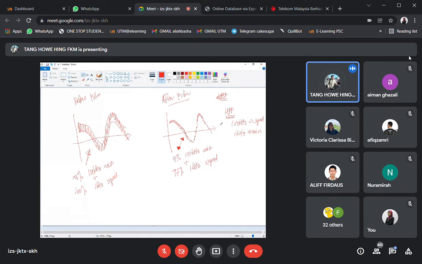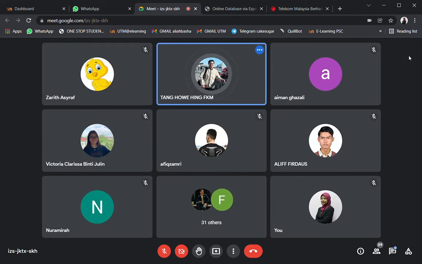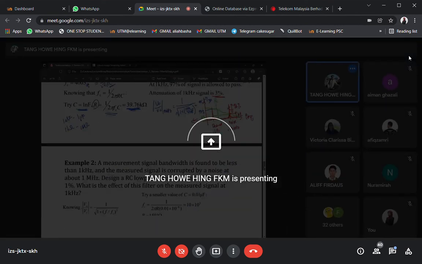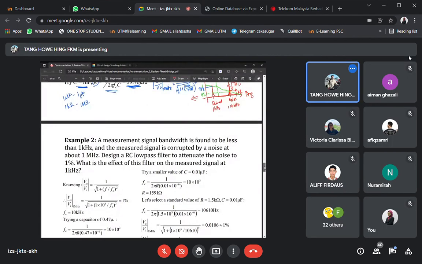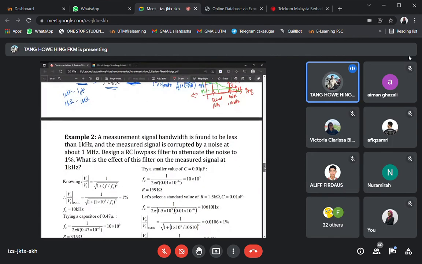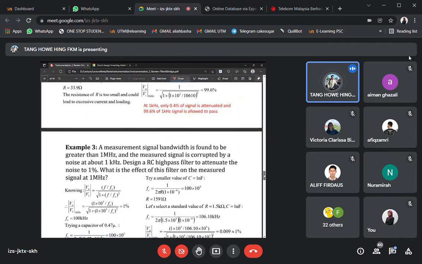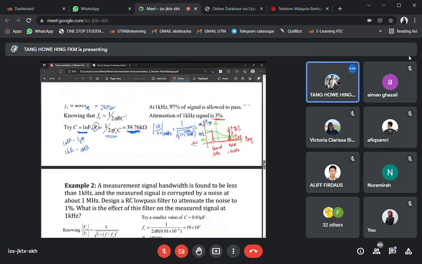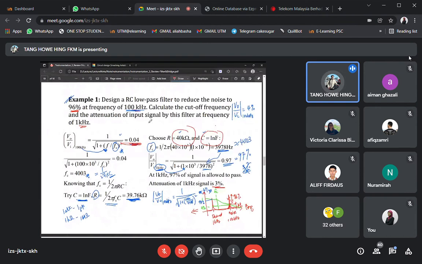So to use a high pass filter, we can also just do the design. I'll just stop presenting over here. Most probably I'll just use this, a very quick go through. Based on this, it is the same question, but I just tweaked it.